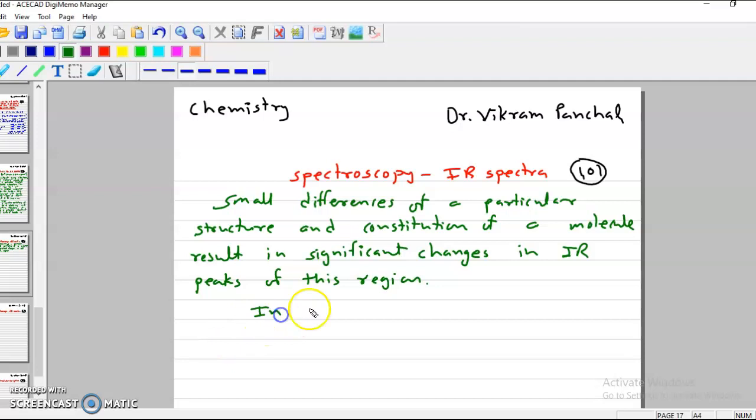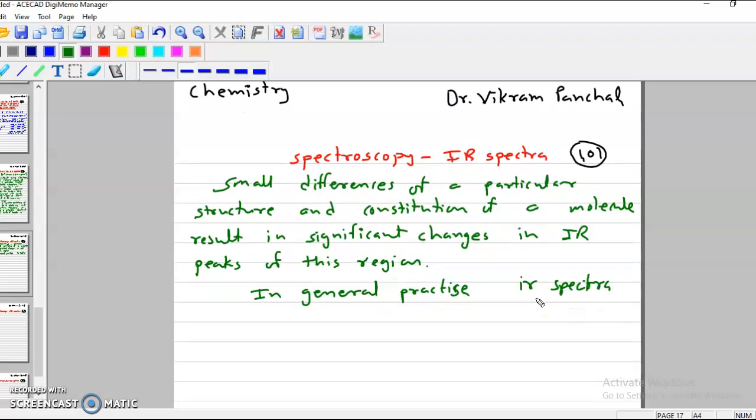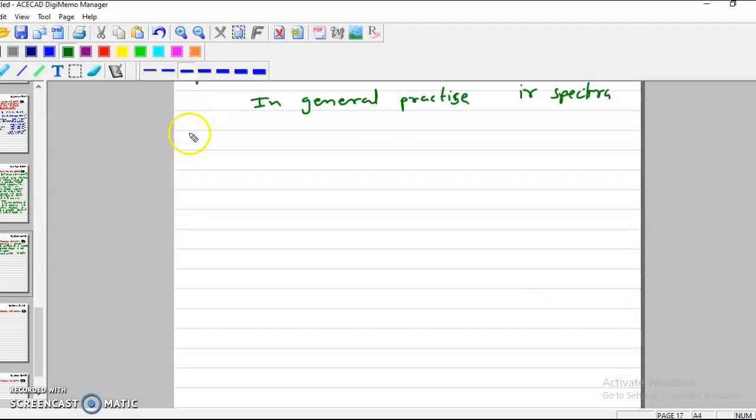In general practice, IR spectra of known and unknown compounds are compared. So from this we come to know which kind of functional groups are present in unknown compounds. There are some bands in the fingerprint region which I will explain.